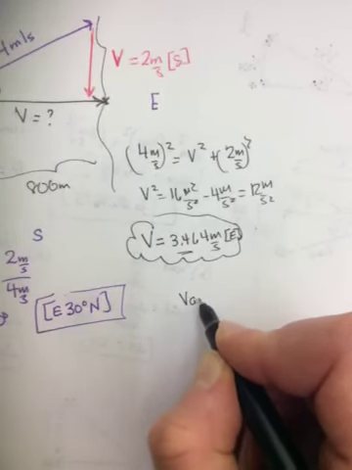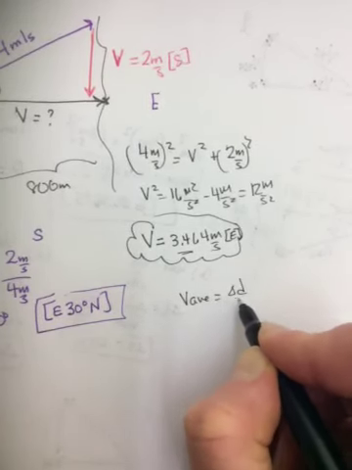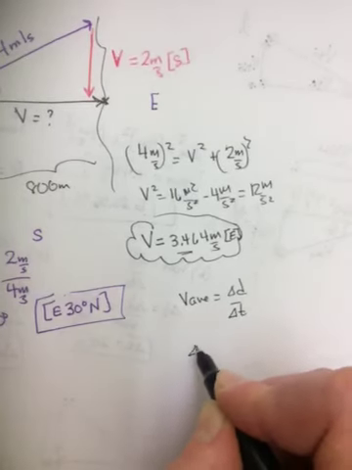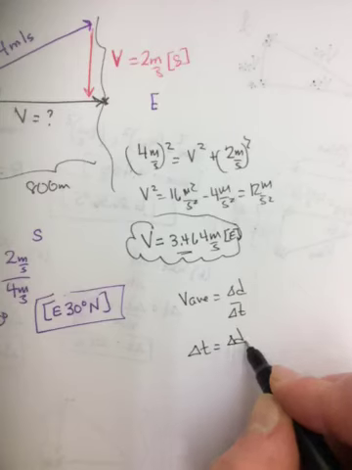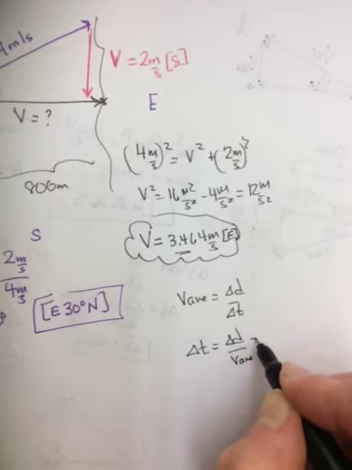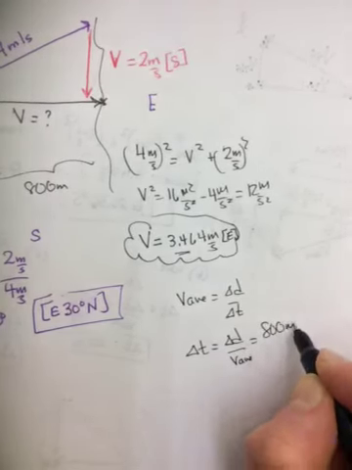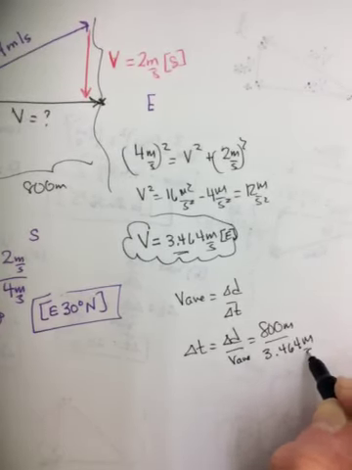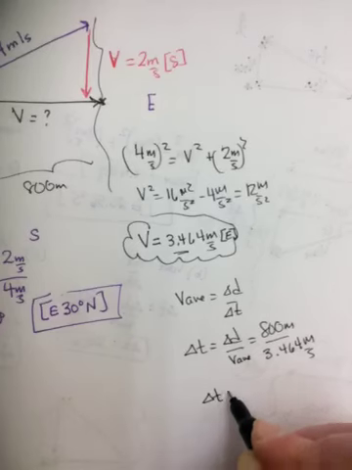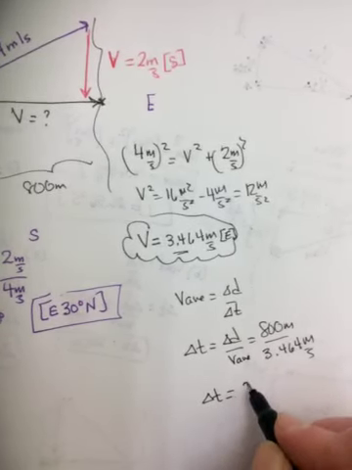So we know that VAV is equal to delta D over delta T. So delta T will equal, rearranging, delta D over VAV. So 800 meters over our 3.464 meters per second.